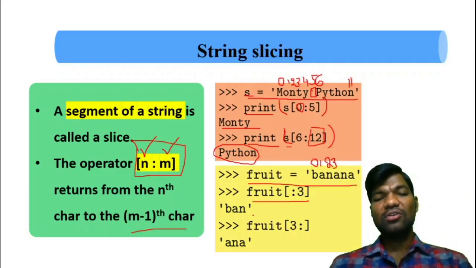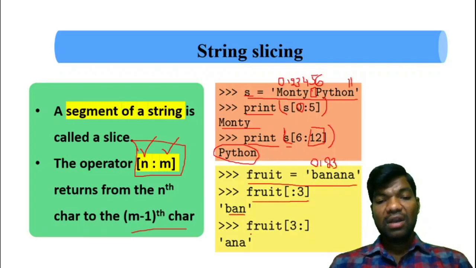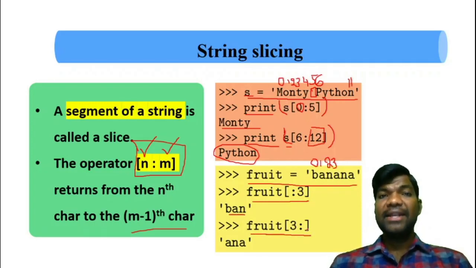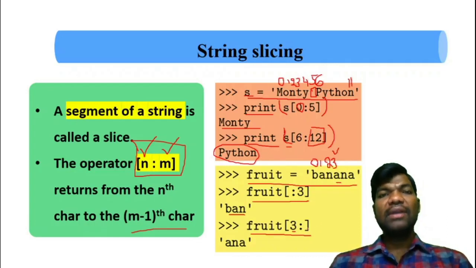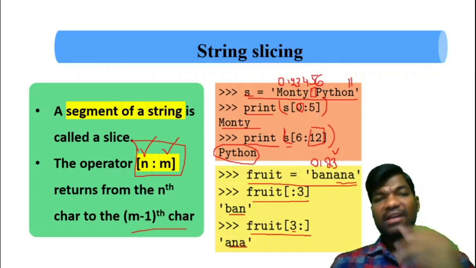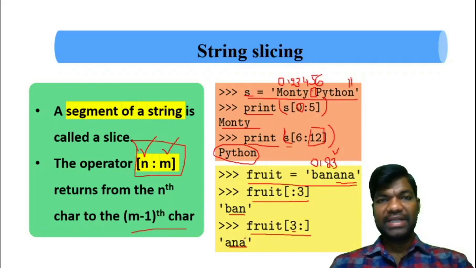Like that, 0, 1, 2 is displayed: BAN. Now coming to the next one, fruit of 3 colon, with an empty end index. Now 3 is the start. So that's why A. There is no end index, that means it will print up to the last. Right? Let's check these examples in Jupyter Lab.